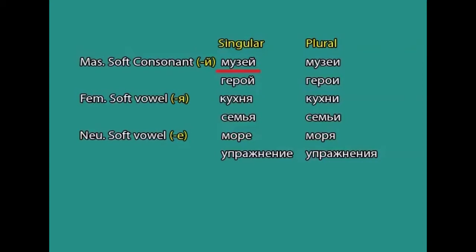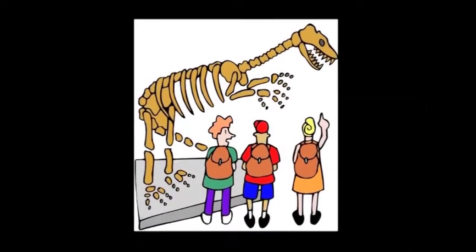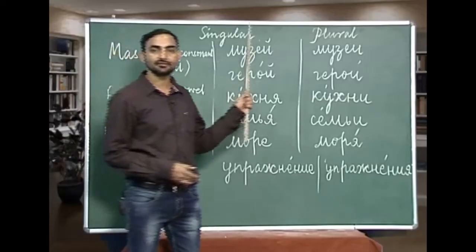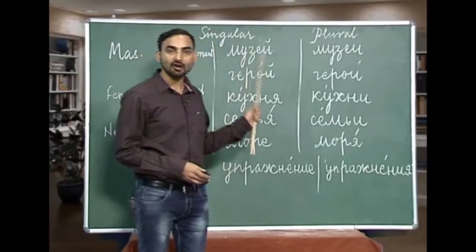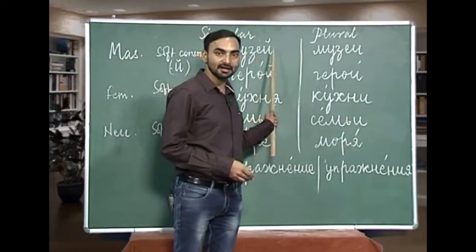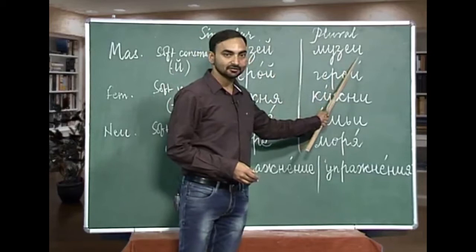For example, muzey. Muzey is museum. The next masculine noun with soft consonant is geroy. Geroy is hero. How do we form plurals of these 2 masculine soft ending nouns? We replace I kratkoye, which is the ending, with I, soft I.